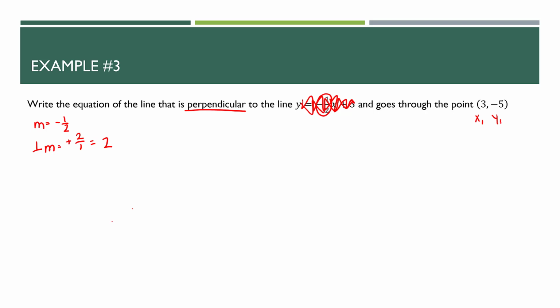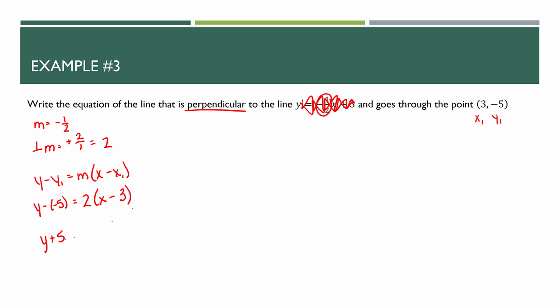Take this information and plug it into point slope form. y minus y1 equals m times x minus x1. y minus negative 5 equals m, that's our perpendicular m, 2, times x minus x1, which is 3. So I'm going to get rid of this double negative.